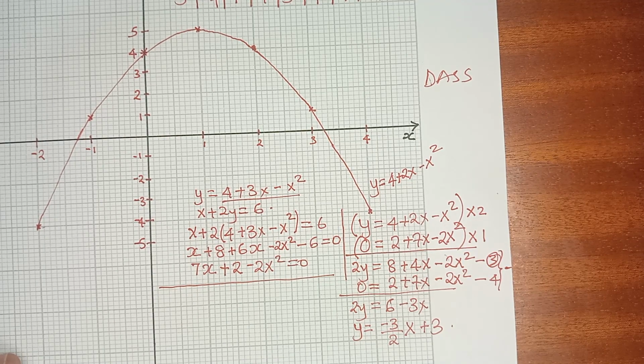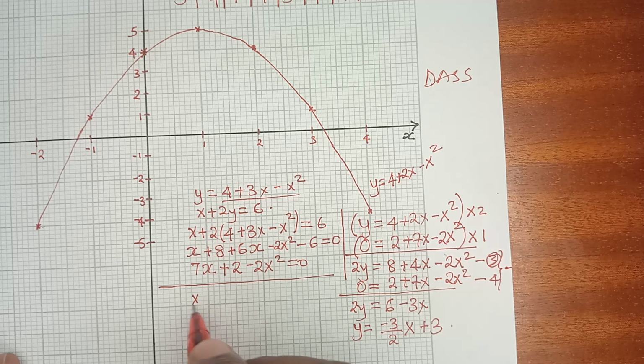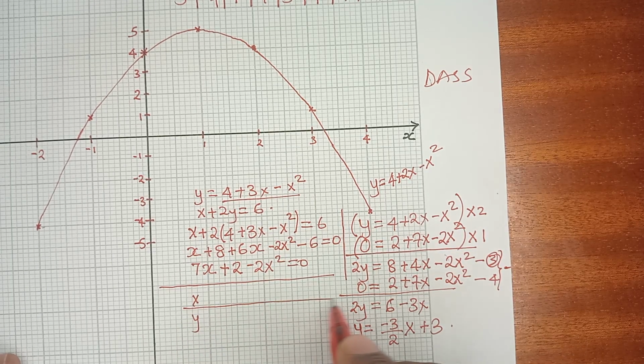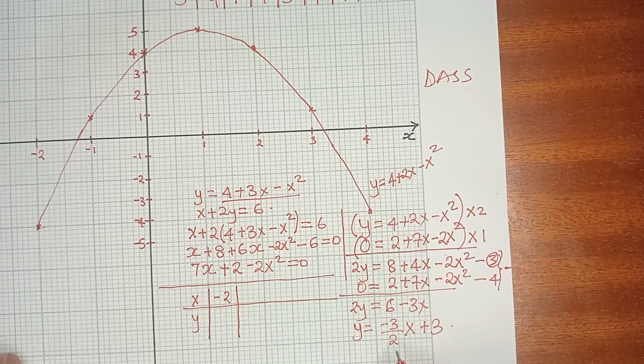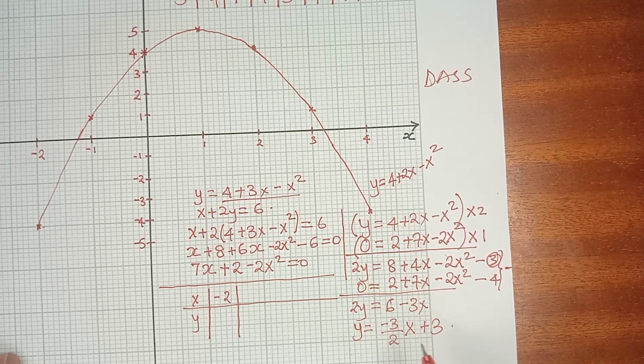We just need 3 points. Let's have x and y. When x is minus 2, what happens? Negative 2 times negative 3 over 2. This is minus 3 times minus 1, which is 3. 3 plus 3 is 6.